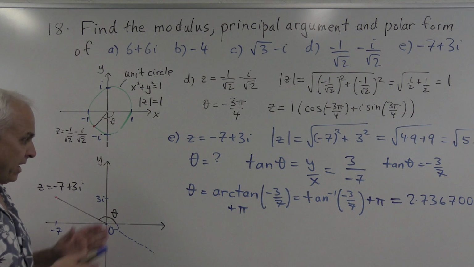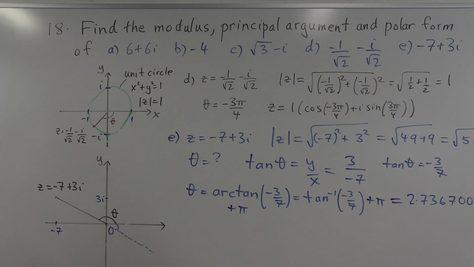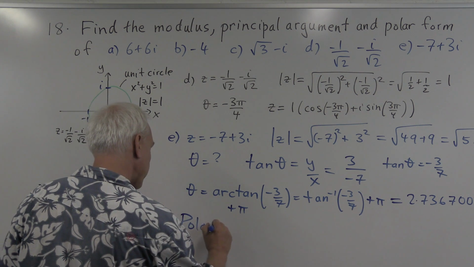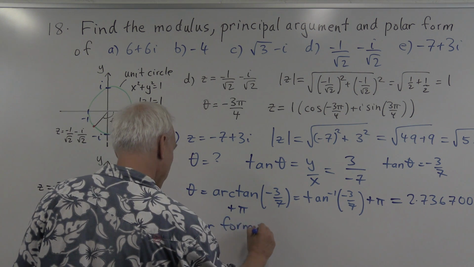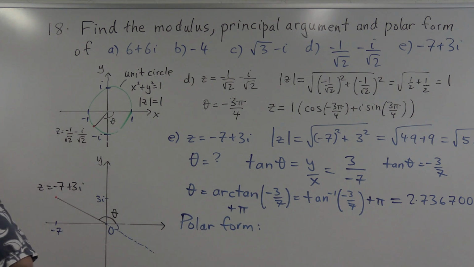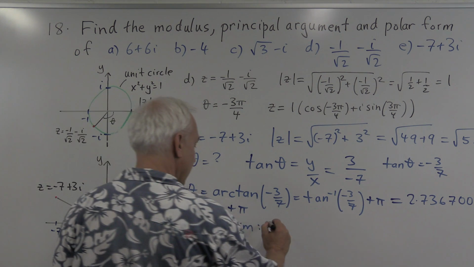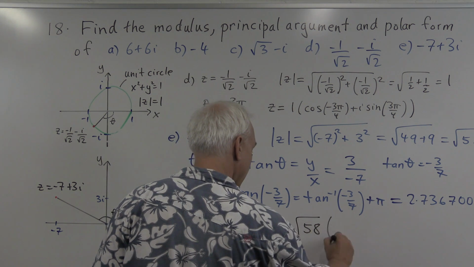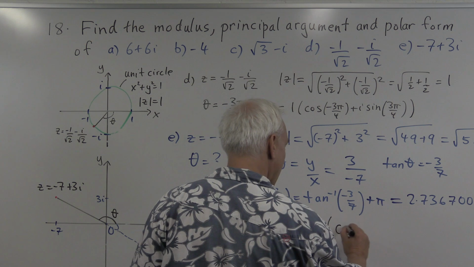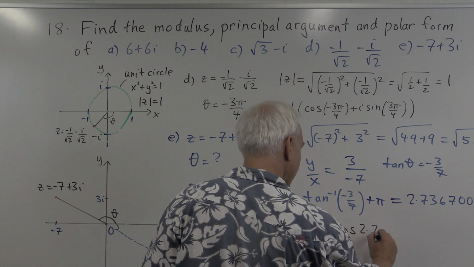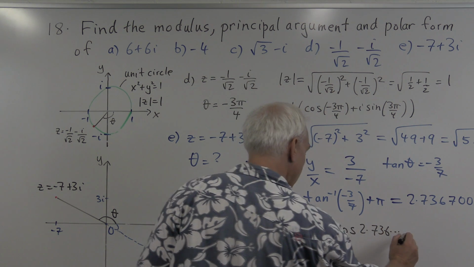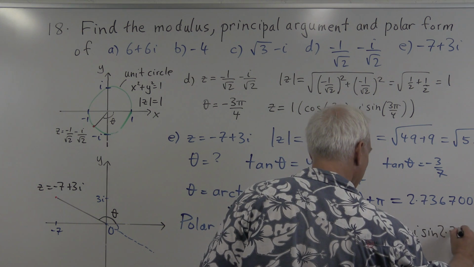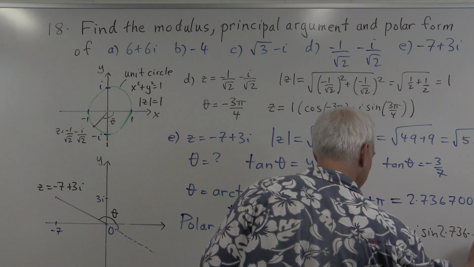But in any case, this is an approximate solution, and so we get the polar form, which doesn't look that pretty, but it would be z equals square root of 58 times cosine of 2.736 dot dot dot plus i times sine of 2.736 dot dot dot.